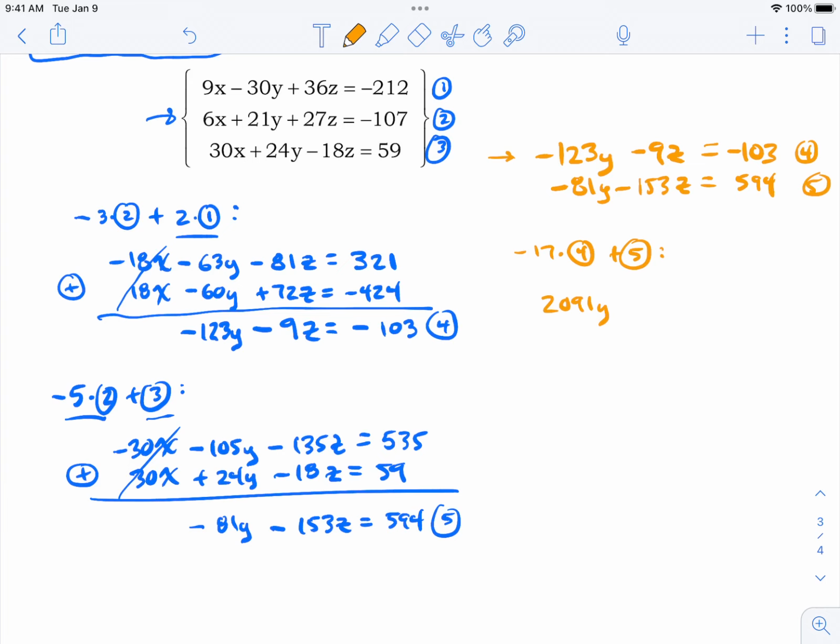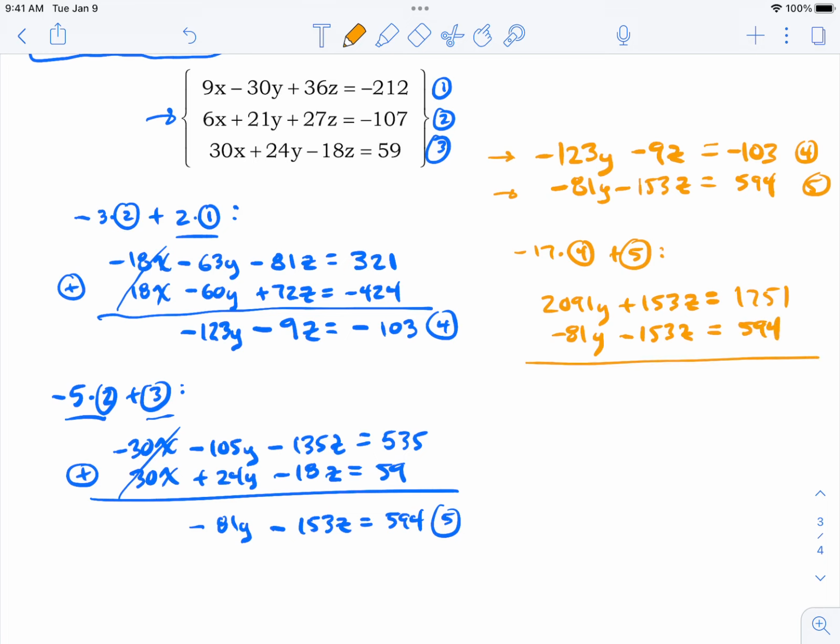Cool. Negative 17 times the negative 9 comes out to a positive 153z. Negative 17 times a negative 103 comes out to a 1751. Okay. Now, equation 5 as is. So negative 81y minus 153z equals 594.